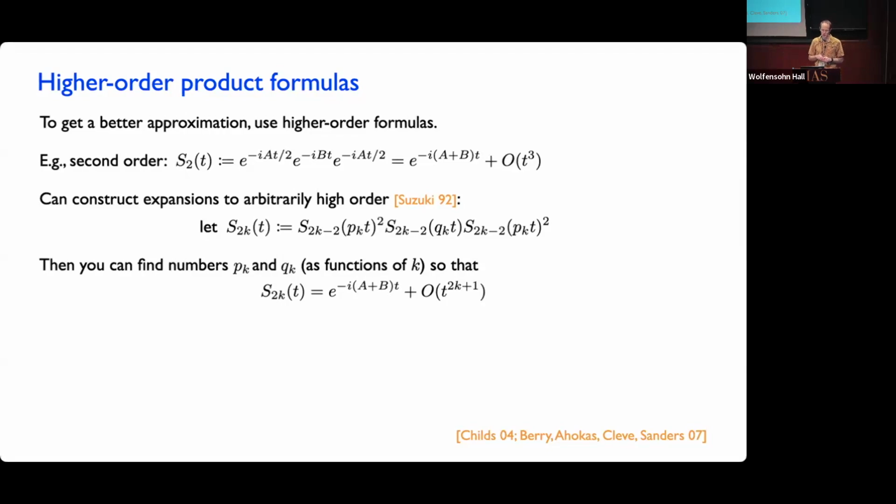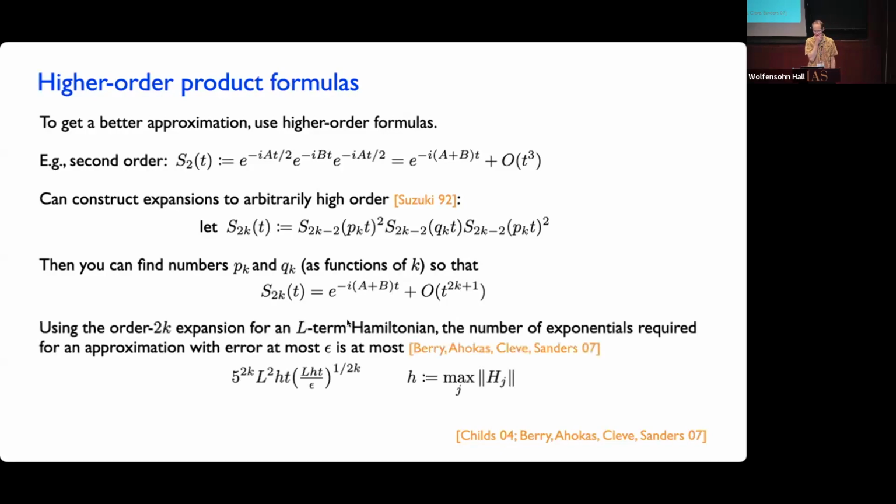Okay, cool. So you can find these formulas. The way this particular construction works, you always get formulas of even order. I guess there's no particular reason it has to be that way, but that's how this particular construction works. And this allows you to get more and more accurate simulations.